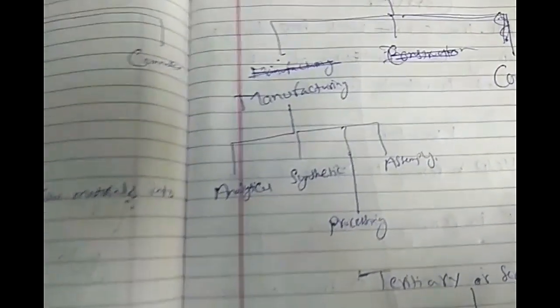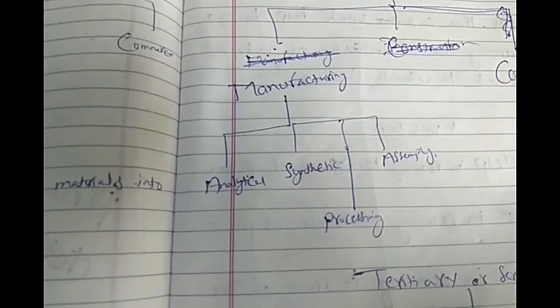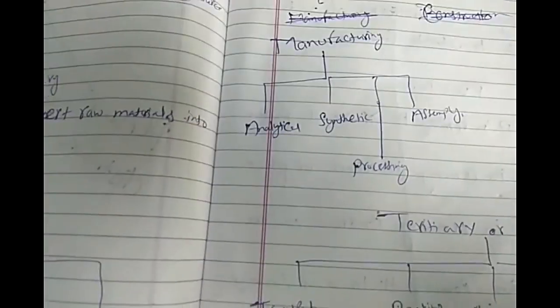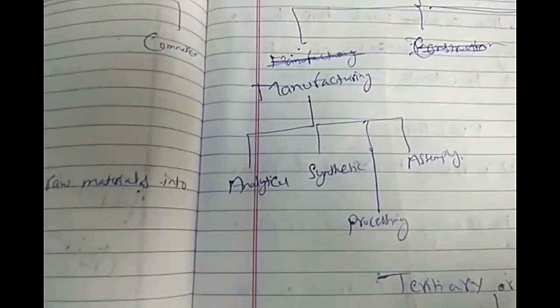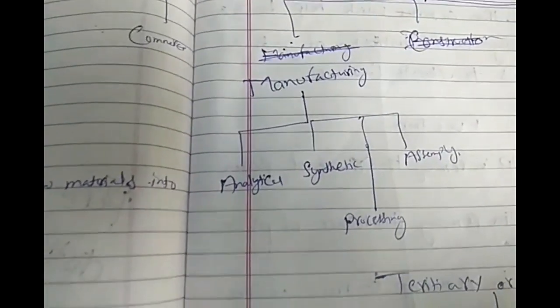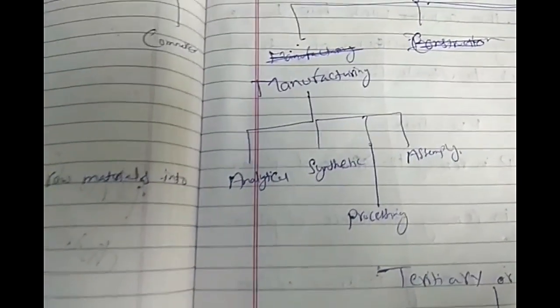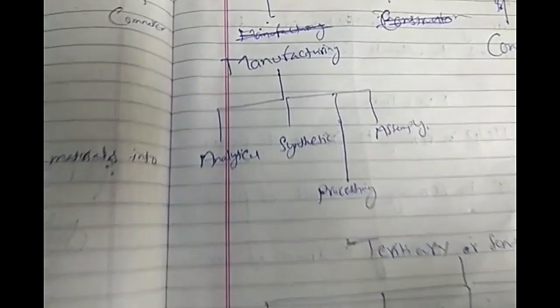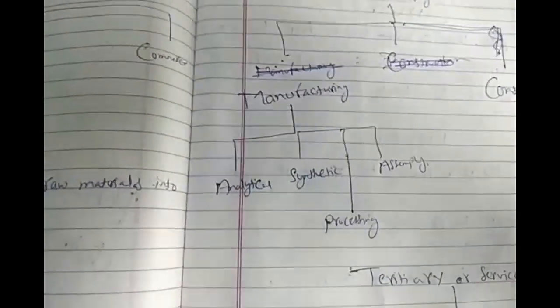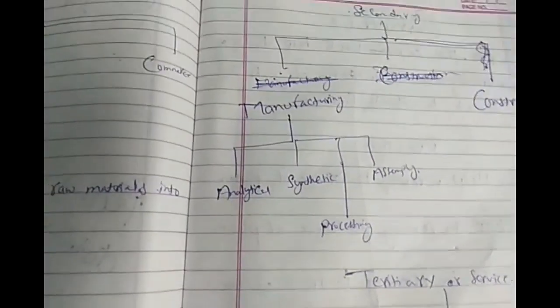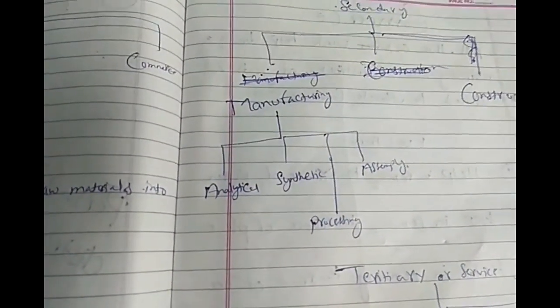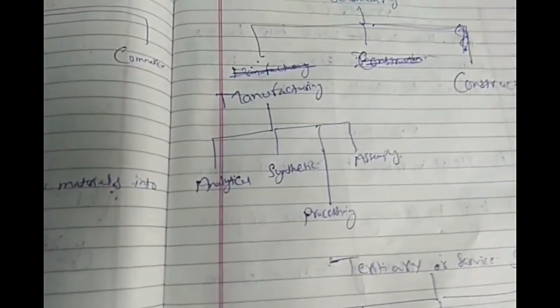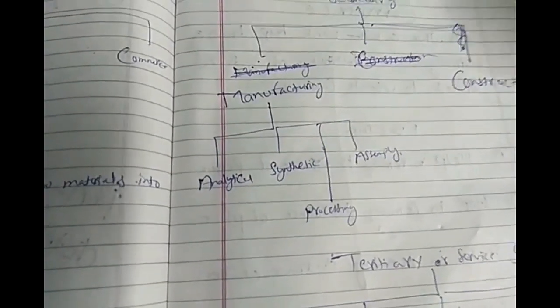Next, the last industry, that is assembly industry. Assembly industry is the industry which combines various finished products or parts to form a new finished product. They assemble different parts of one good, and by combining them they produce that good.